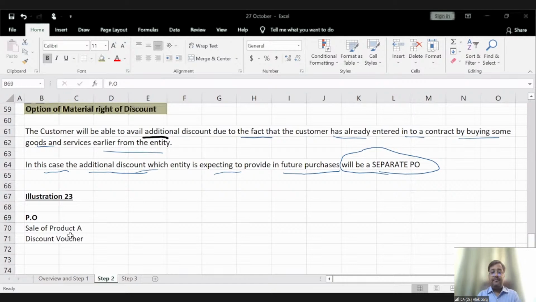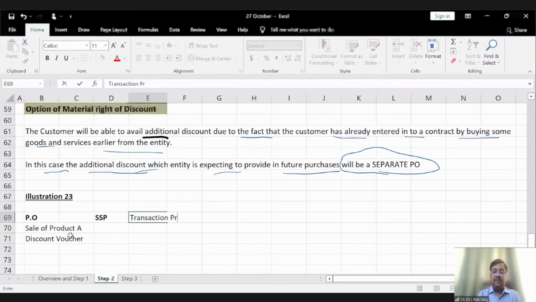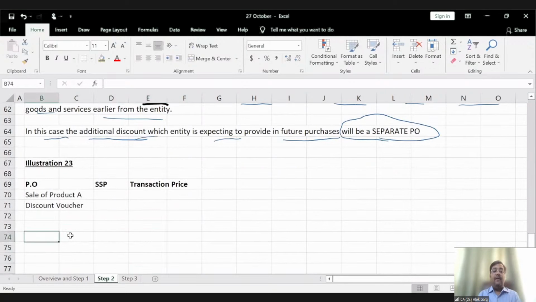So friends, what is my standalone selling price for the performance obligation? And what is my transaction price? So I need to calculate that. And for that, first of all, you need to determine what is my sale price.